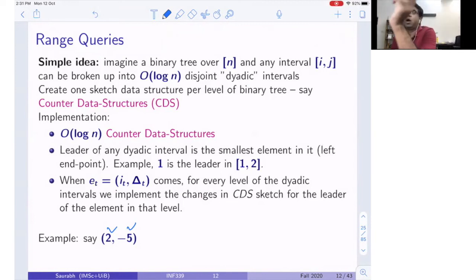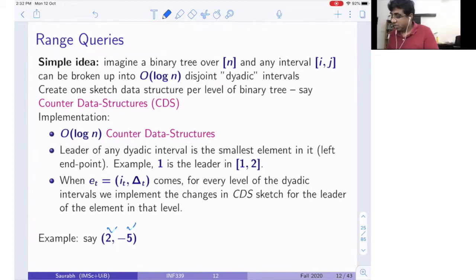At the next level, 1, 2, 3, 4 is treated as the same object, and so on. And if you notice at the top, all the 1 to n locations are going to get summed up into one number. Okay, so this is how we will do this.